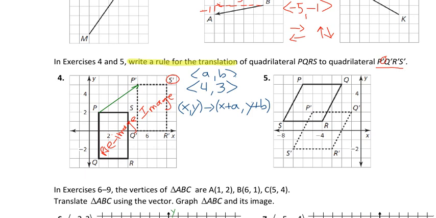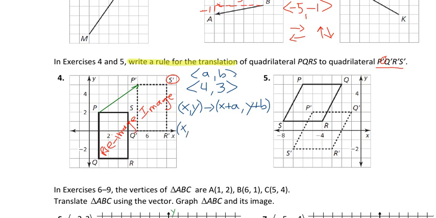But in this case, we are using parentheses because we're talking about the coordinates of the point. So the point (x, y) changes to (x plus a, y plus b). So in this case, our a is 4 and our b is 3. So the rule will be this one.